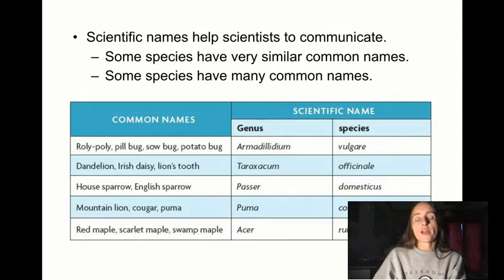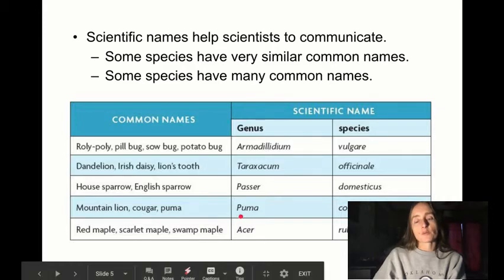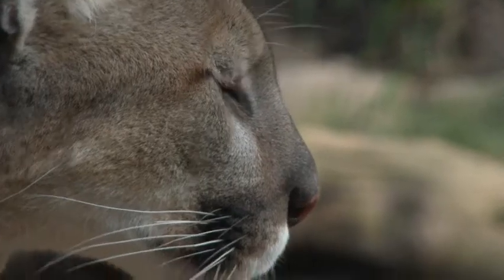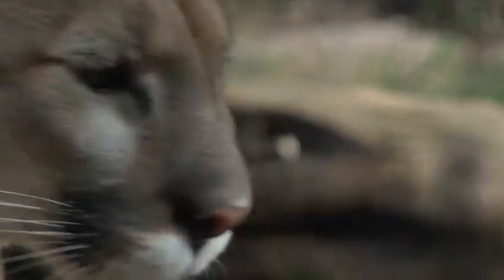So they said, okay, fine, you can call it whatever you want in your language or your area, but we're going to use the Latin name so that we can share data together. One of my favorites is Puma concolor, or mountain lion, cougar, puma, mountain screamer. You hear so many names for that one.